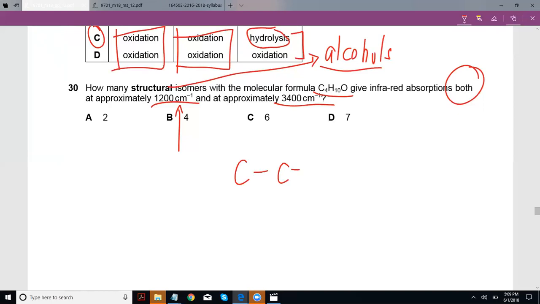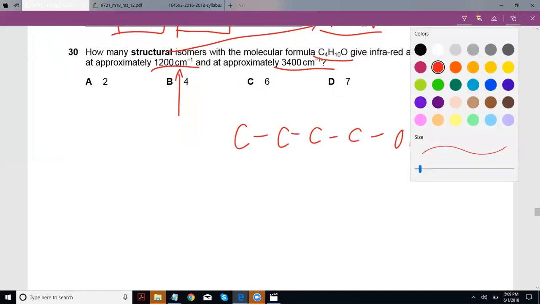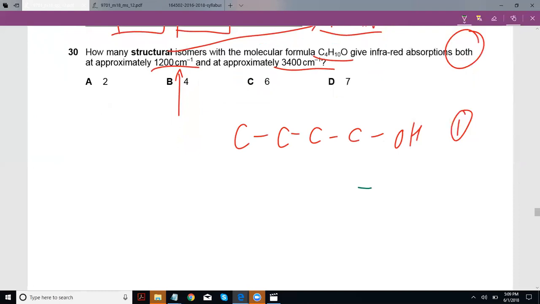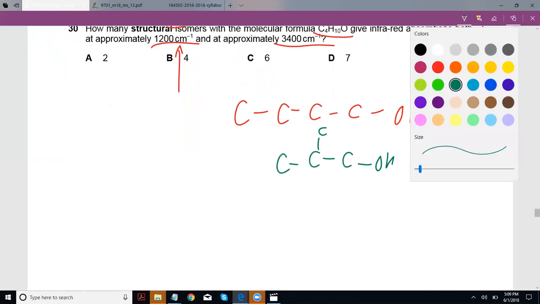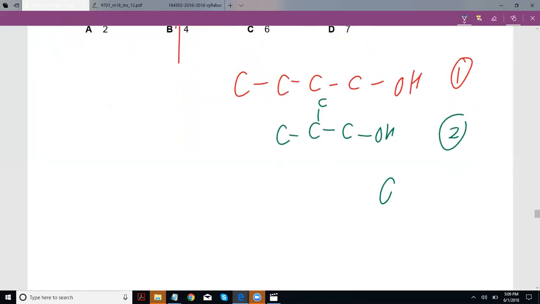So COH, that's one. Let's draw another one. OH, C, C, C, C, that is two. Let's draw another one. OH, C, C, C, C, so that is three.